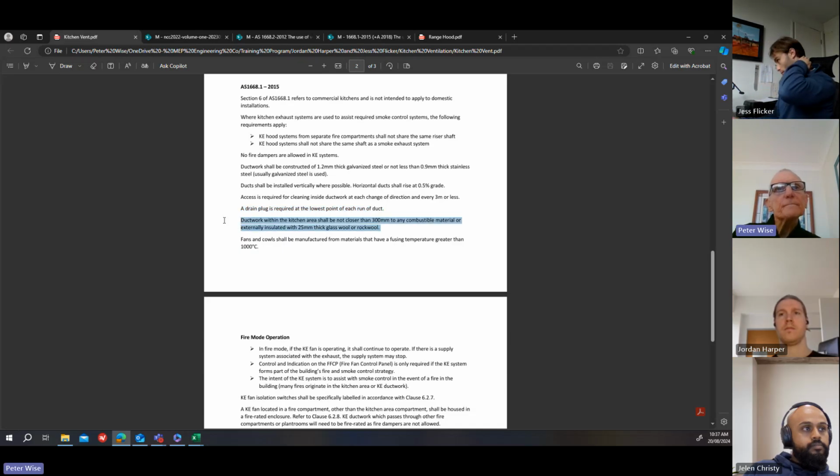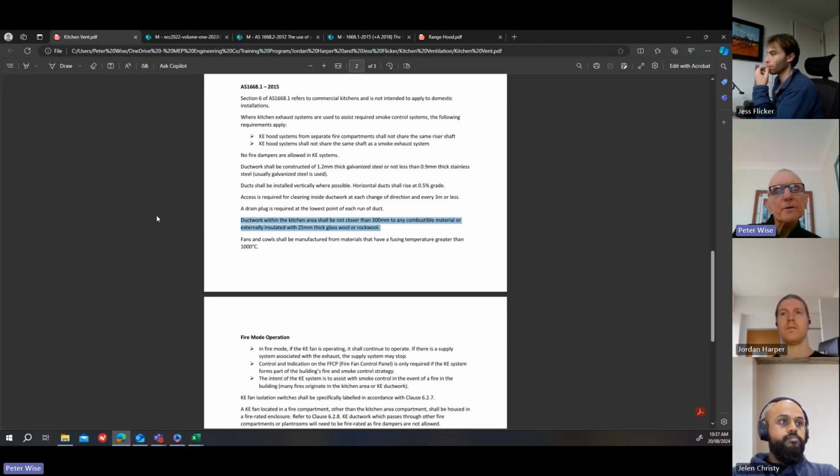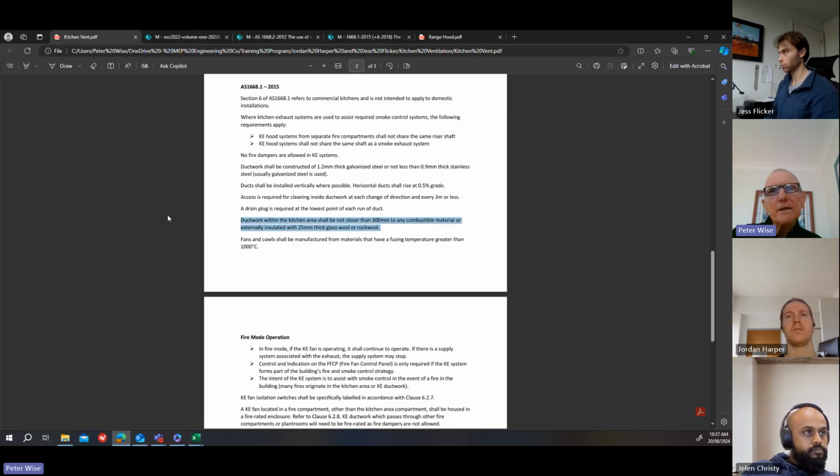Now this next one is an interesting one that, to be honest, not many people take too much notice of, I don't think, in my experience, but it says that ductwork within the kitchen area shall not be closer than 300 millimetres to any combustible material. Now, that could be electrical cabling, for instance, and if you've seen installations on site, an electrician may have loose wires running through the ceiling space, and they might be resting on top of the kitchen exhaust duct.